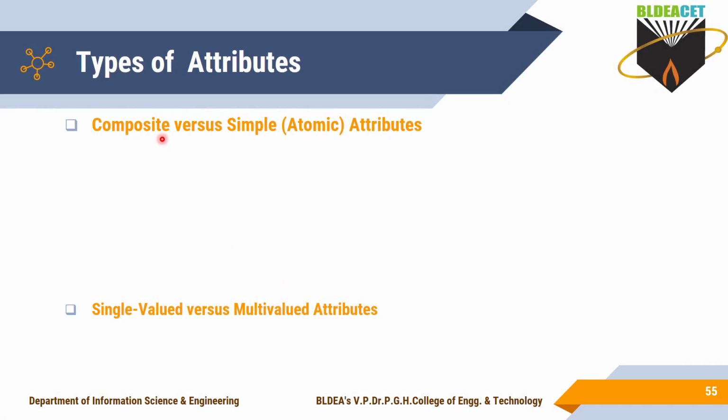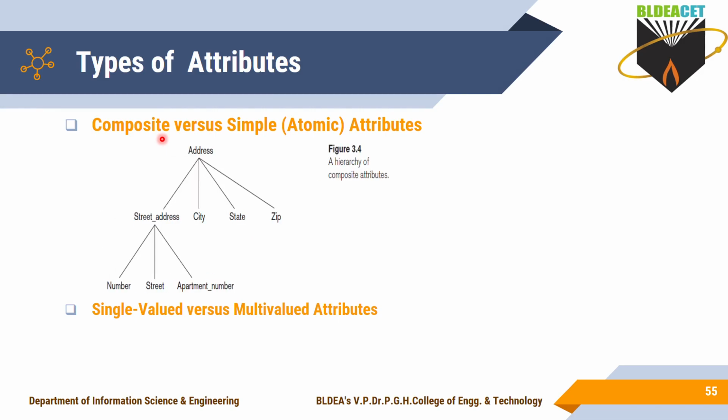Next is types of attributes. Here are the different types of attributes. Among those, the first one is the composite attribute. Composite attributes are attributes which we can further subdivide into sub attributes. For example, address is one attribute. This attribute can be further subdivided into street address, city, state and zip.